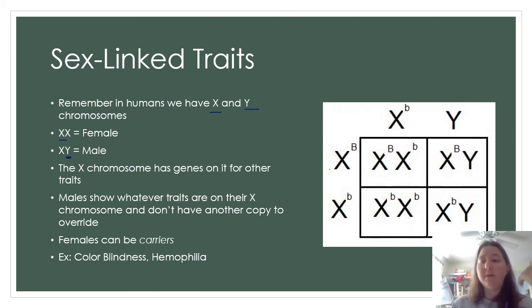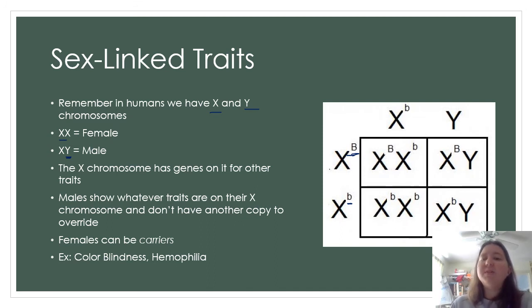So one example is color blindness. Color vision is on the X chromosome. We have a dominant version, which means you can see colors. We have a recessive version, which means you can't see colors. And there are different kinds of color blindness, but you can't see colors, or you have different color vision.